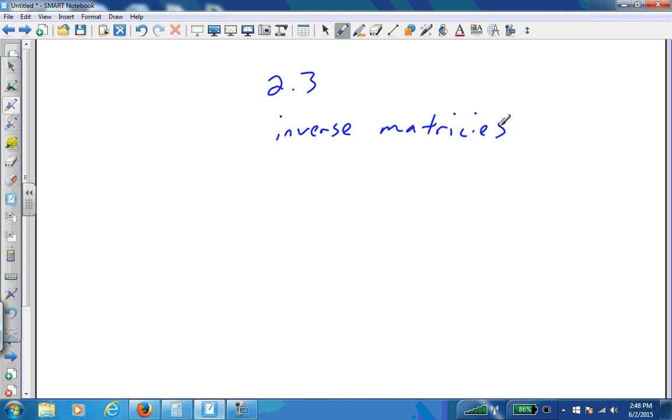So when we talk about multiplication, if I have the number 3, if I want the inverse of that, the multiplicative inverse, I'm looking for what number times 3 gives me the multiplicative identity. In other words, 3 times what would give me 1? Well, 3 times 1/3 is what gives us 1.